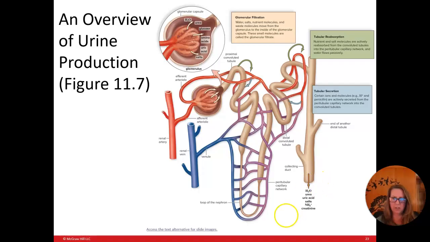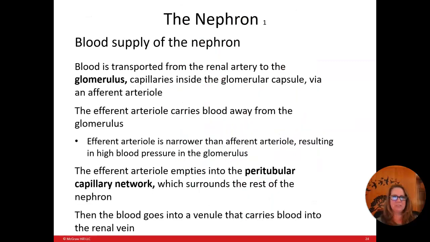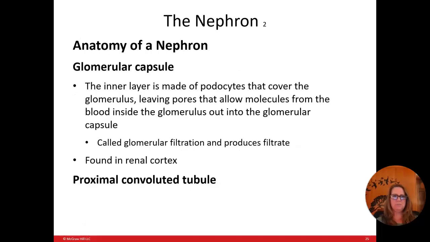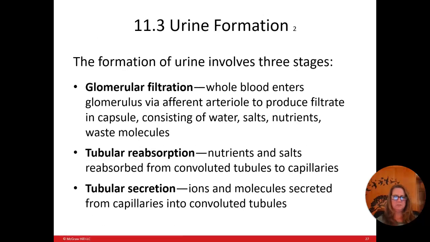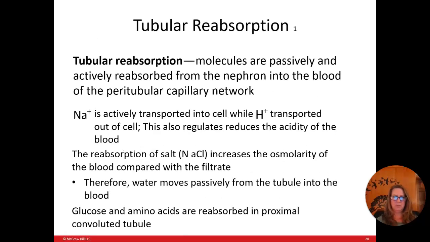So we see here water, urea, uric acid, salts, ammonia, and creatinine. If you want to pause and read these slowly for your understanding, you can do that. All right, so we just summarized all of this.